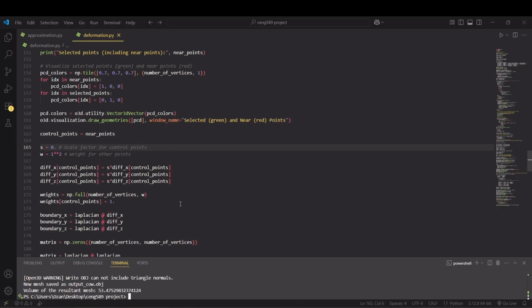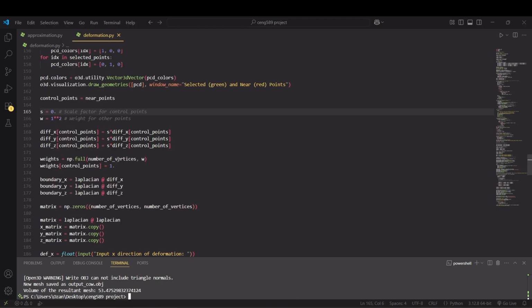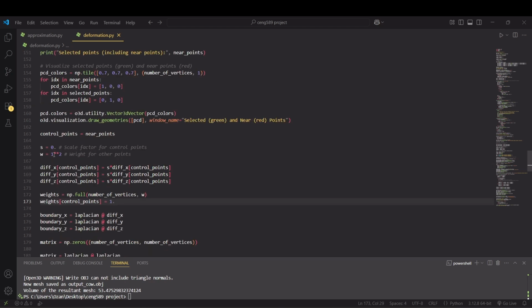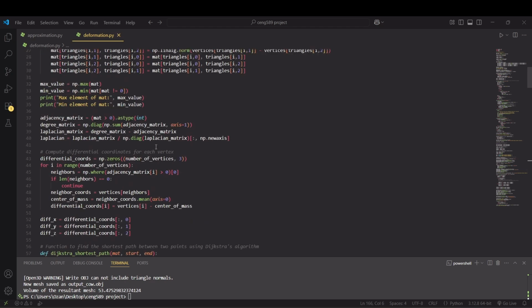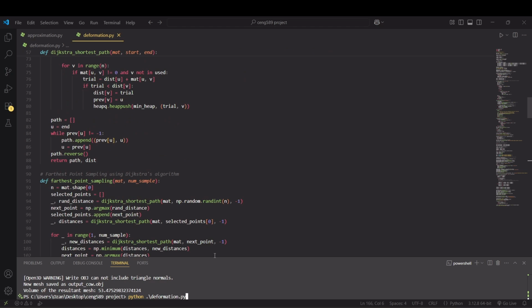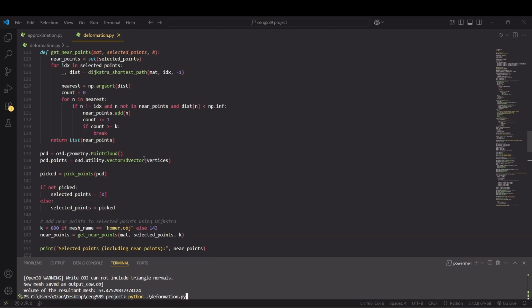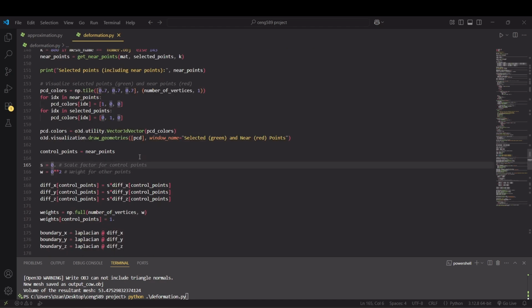So let's look at here. For moved points the weight is one, but for other points I'll make it 0.01. Let's make it 0, and let's make this one.